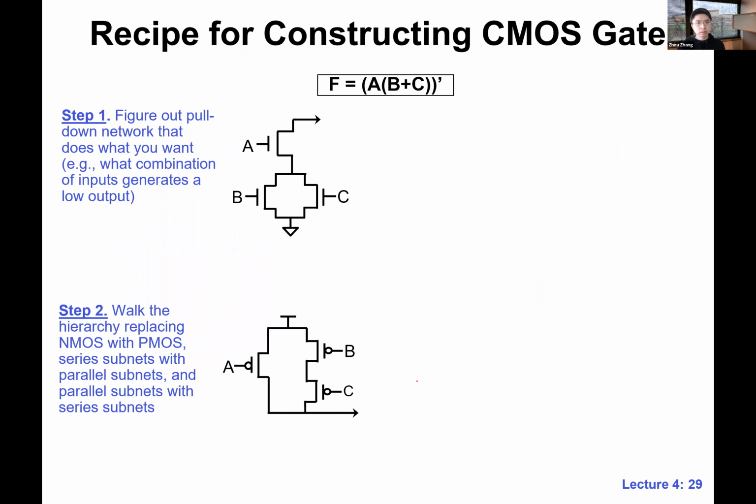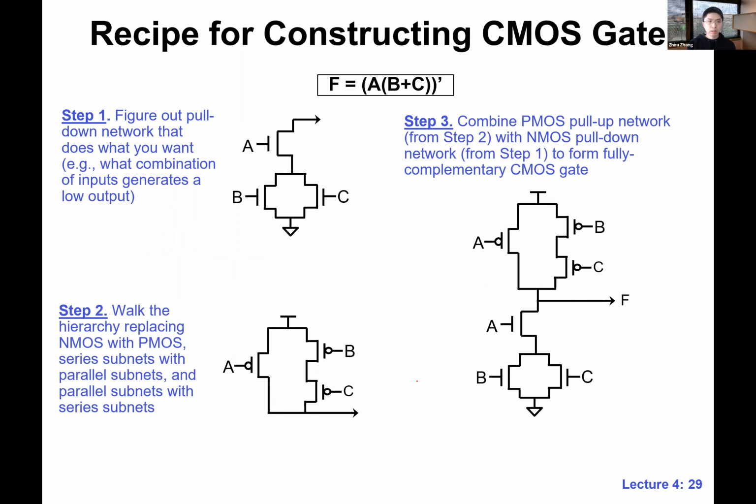Okay, so let me just quickly, you guys don't have to read through the whole thing, right? So this is basically what we already said, right? And this is just, we try to make it work the other way, right? If I give you a Boolean expression, how do you construct a CMOS gate? How do you construct a CMOS network? All you need to do is focus on one of them.